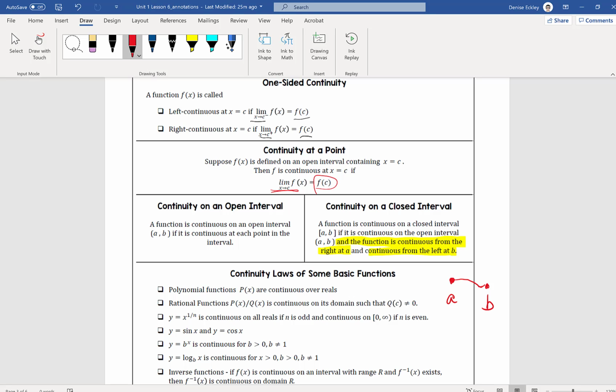Like, let's say that's all we have. That part is telling us that if we come at A from the right, that has to be continuous, but we don't have to look at the left side because that's the end of the interval. We don't care what happens outside the interval. And the same with B. If we're coming at B from the left, we don't have to look from the right because that's the end of the interval.